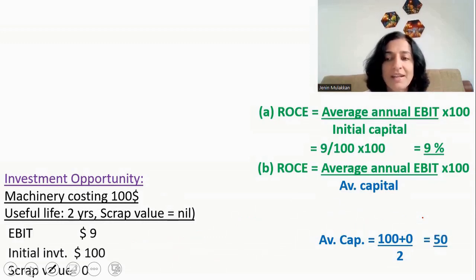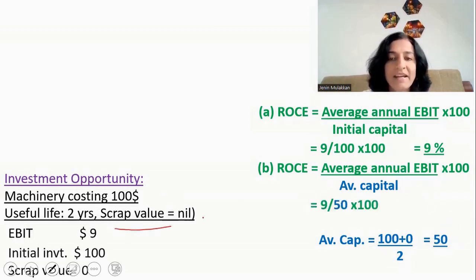So on an average, the capital employed is 50. So substituting 50 in this formula, you get the return on capital employed as 9, which is the average annual EBIT, divided by 50 into 100, which works out to 18%.